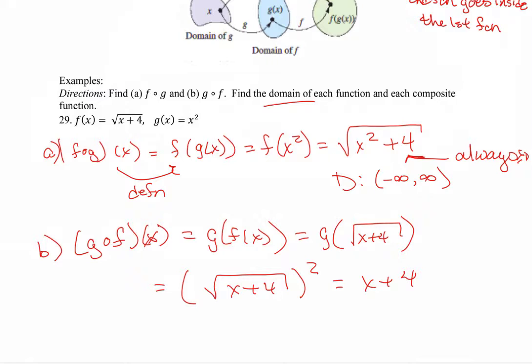All right, so what we did, I'm going to do this up here. Here to here is the definition. Here to here is substitution. Here to here is substitution. Here to here is simplification.